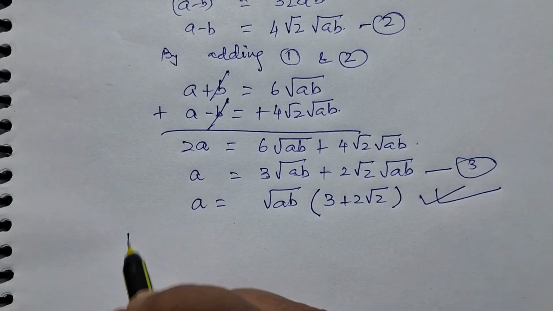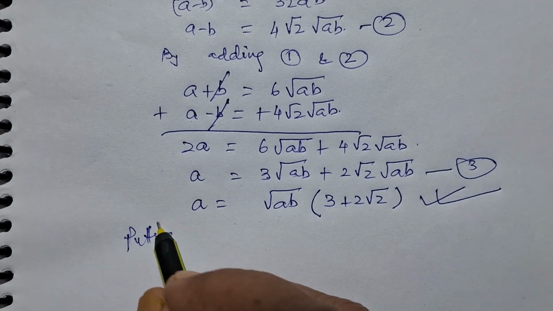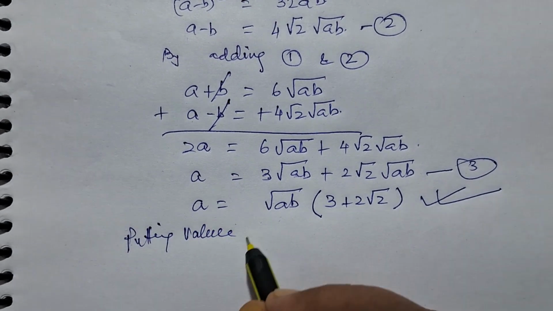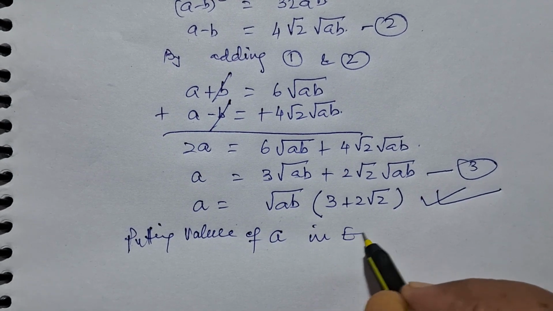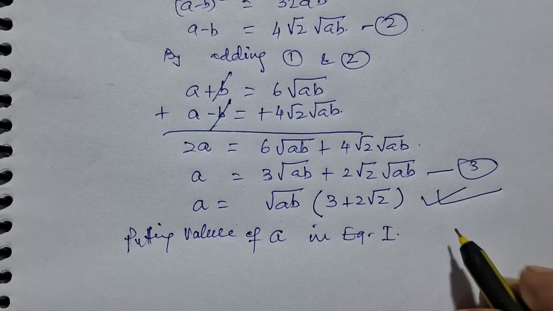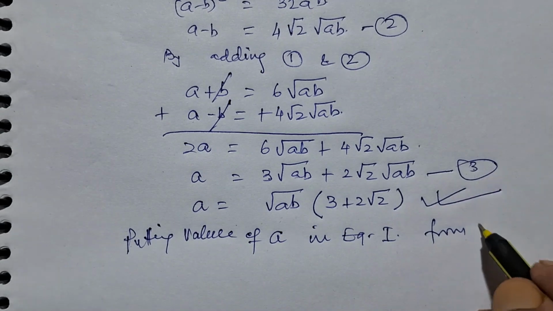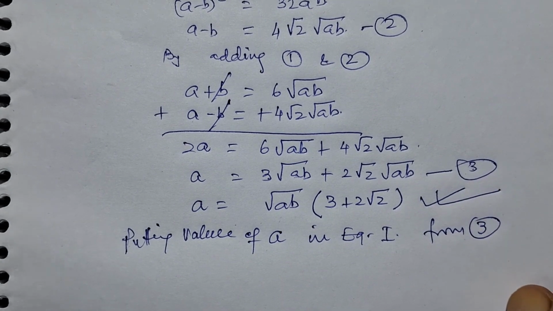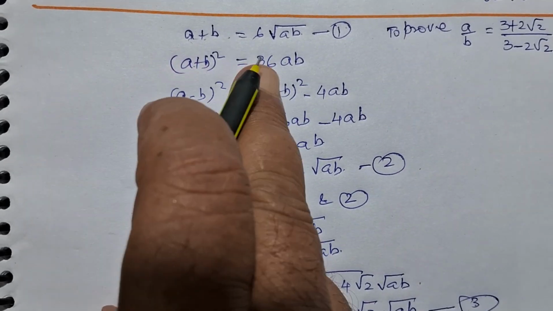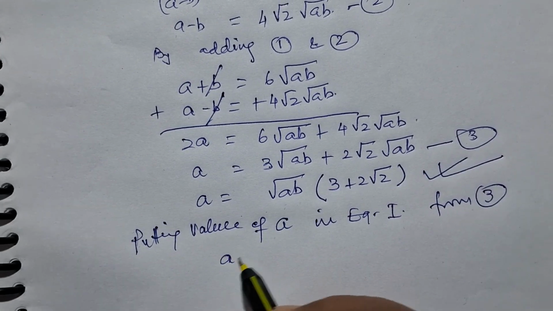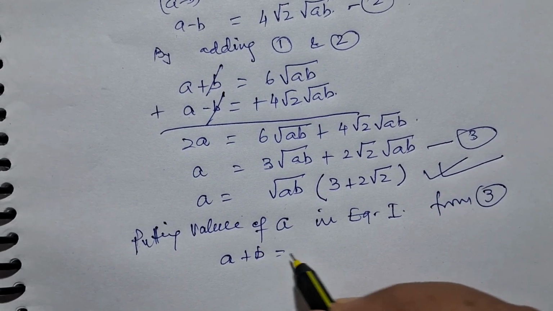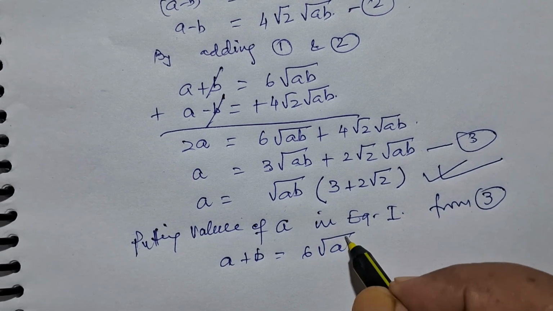Now putting the value of a from equation 3 in equation 1. Right, so 1 is a plus b equal to 6 under root ab. So a plus b is equal to 6 under root ab.